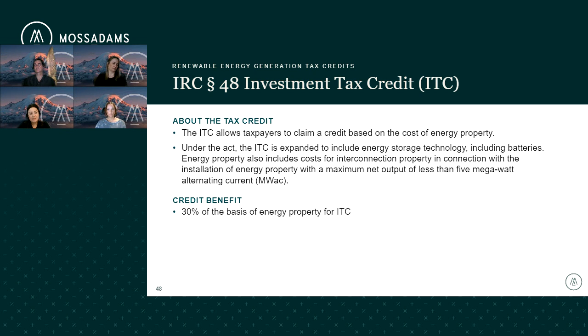One thing the IRA did for this investment credit was expand it to batteries or energy storage technology. This is also applicable to costs for the interconnection property or installation of that energy property. The base credit is actually 6% of your energy property, and this credit benefit shows the increase to 30% of your basis in the energy property if you meet the prevailing wage requirements.